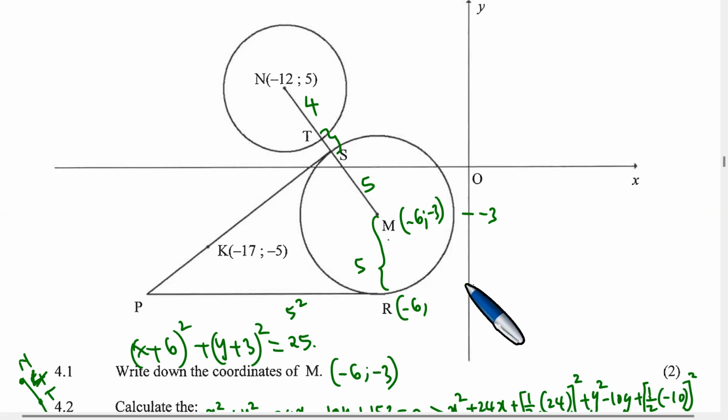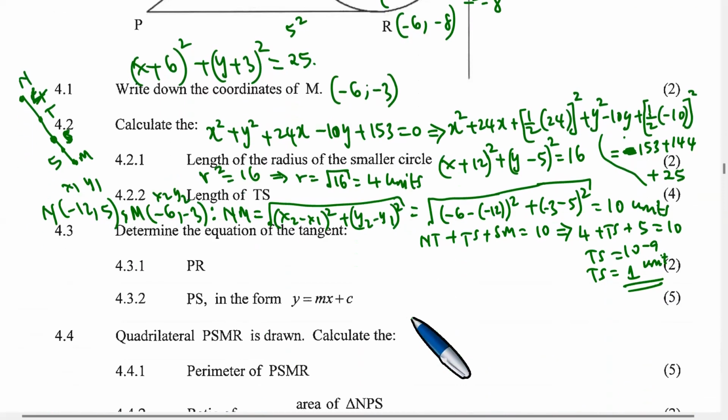Going down 5 units from here, you have -3 minus 5, so this one is going to be -8. So the first thing you write is that R has the coordinates -6, -8.